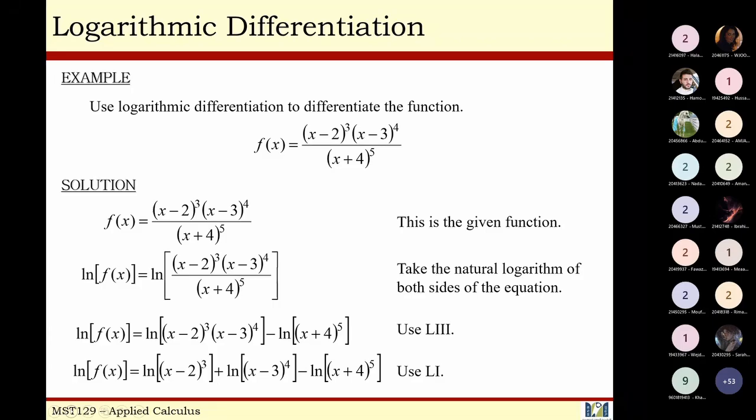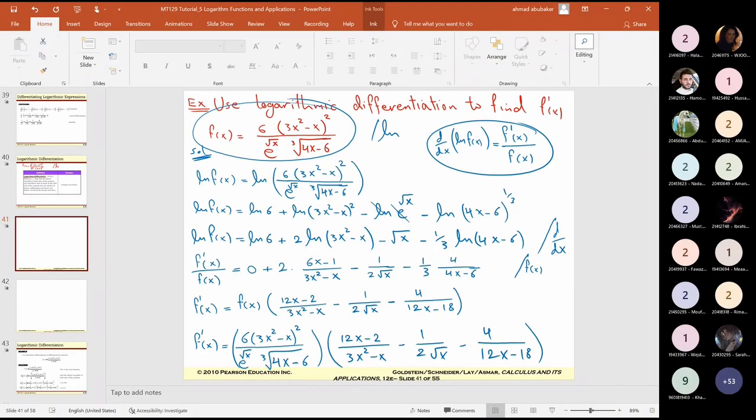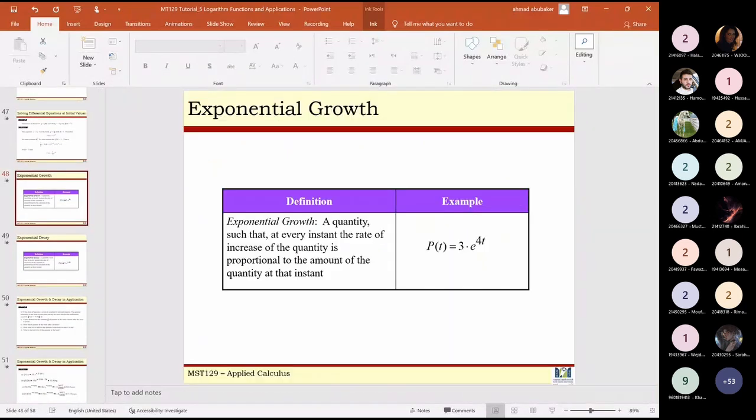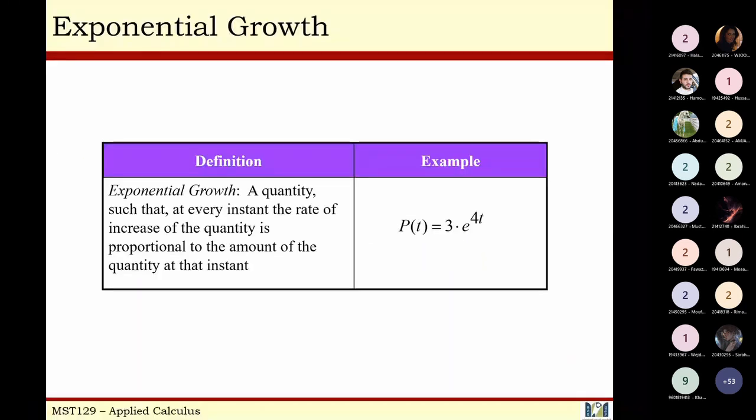So this is very easy, okay? Now we need to go to the exponential growth and decay. Exponential growth: this is f of x equal C e to the power kx.